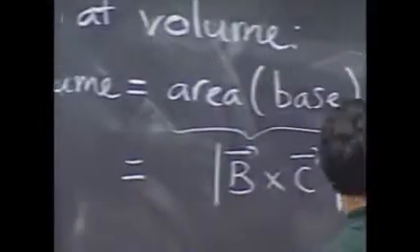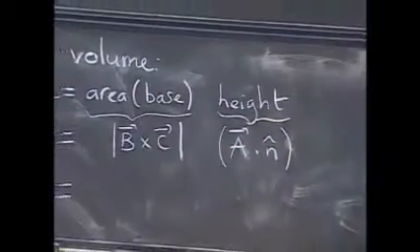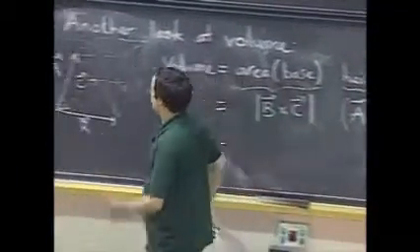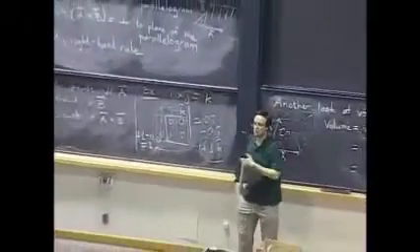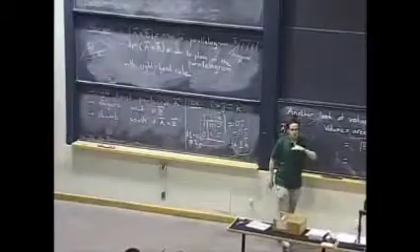So let's think about this vector n. How do I get it? Well, I can get it by actually using the cross product as well, because the direction perpendicular to two vectors I can get by taking the cross product.